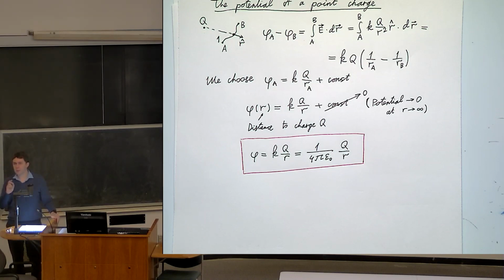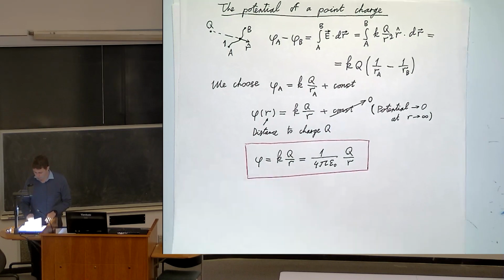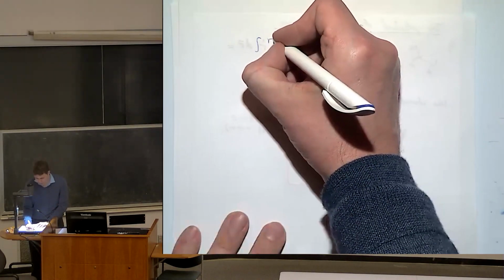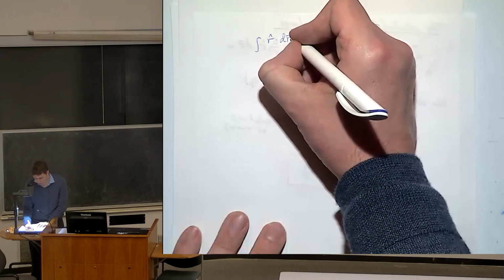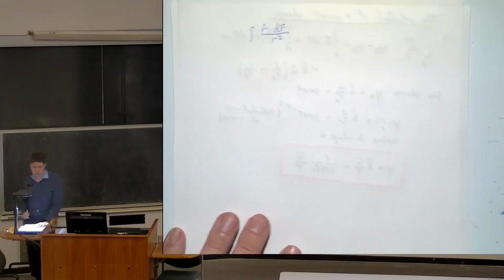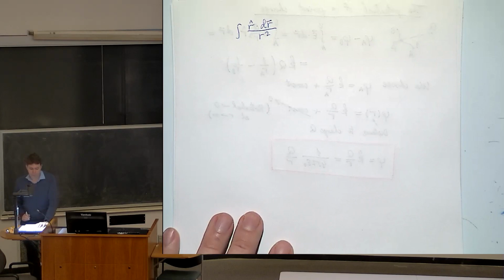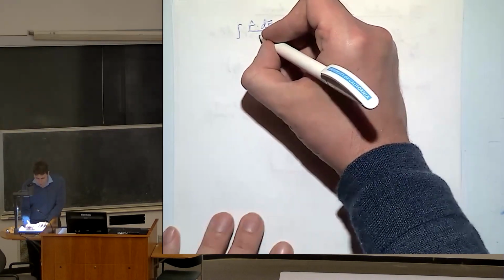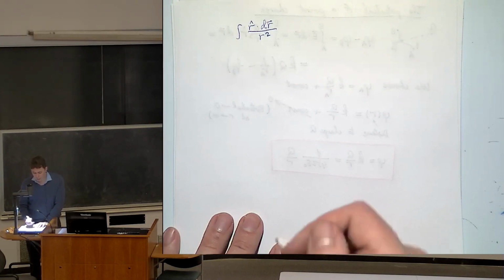A question? Yeah, sorry, can you just remind me how the integral of kq over r squared r hat dr came out to be kq times 1 over Ra minus 1 over Rb? Well, just very roughly, we've got an integral like this, r hat dr over r squared. I just rewrite this integral and drop the constants of the prefactor.